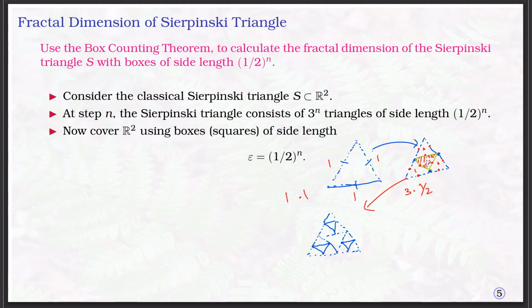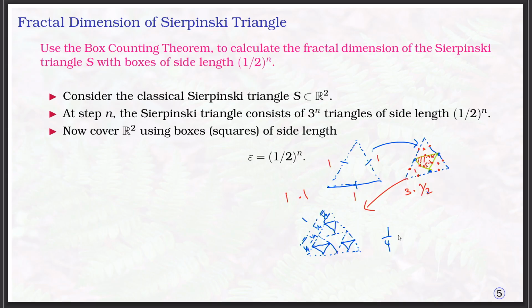Now you can observe here we have 3 triangles of length 1 by 2. Now here 3 triangles of length 1 by 4, because the side length is 1, therefore here 1 by 4, 1 by 4, 1 by 4 and 1 by 4. Each subtriangle side length is 1 by 4. Here 3 triangles, here 3 triangles, here 3 triangles.